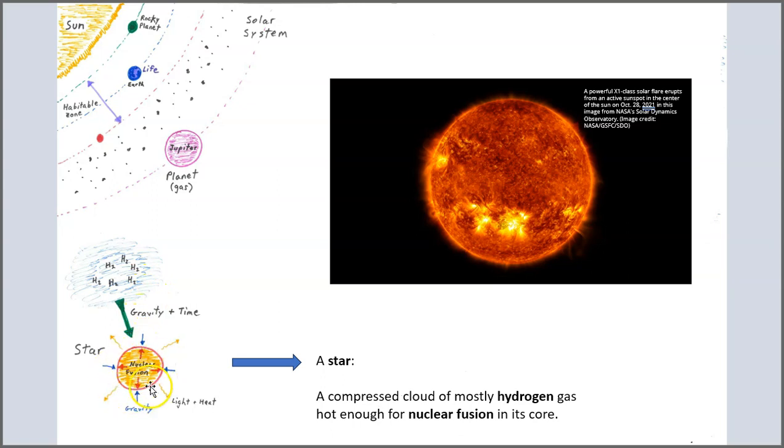As the compression continues, it gets hotter, with higher pressures and hotter temperatures inside the core of the cloud. At a certain point, it's so hot that nuclear fusion begins. So we can define a star then as a compressed cloud of mostly hydrogen gas, hot enough for nuclear fusion in its core.